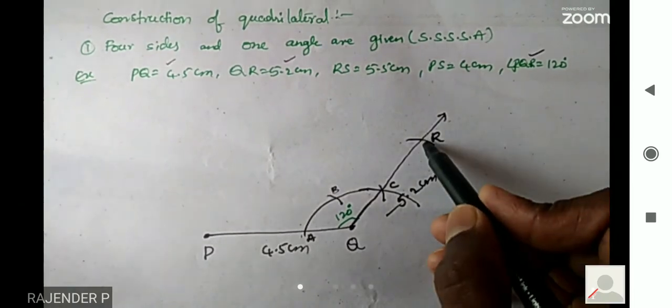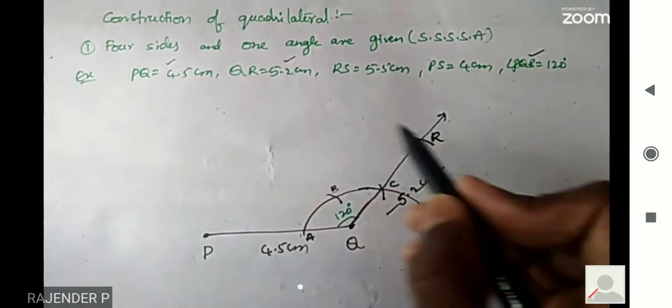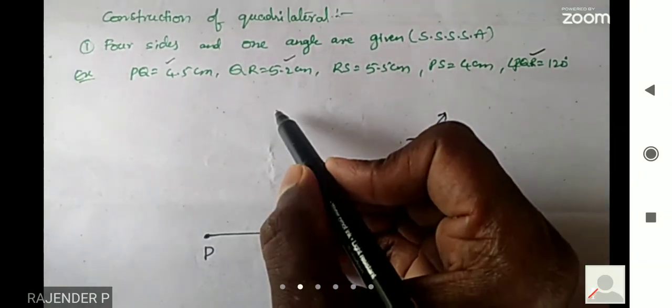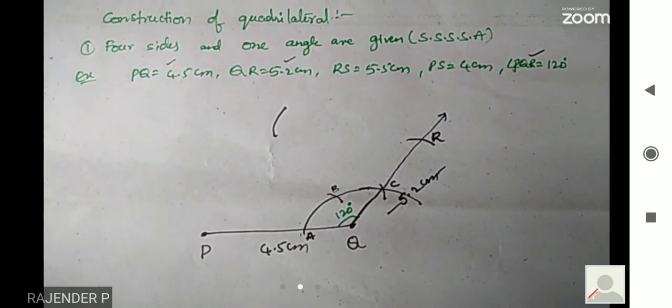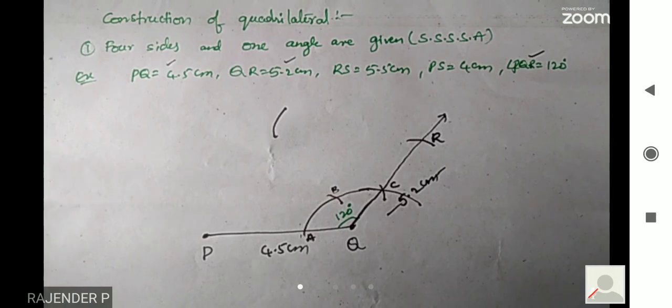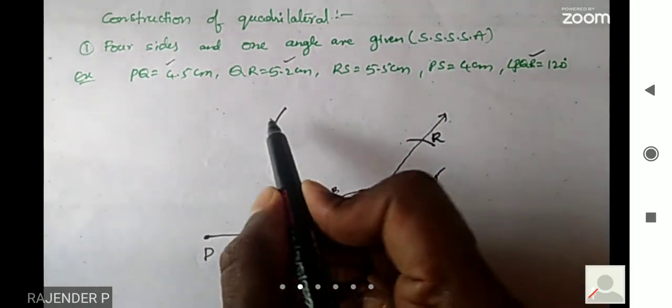So R as center, the distance from R to S is 5.5. That is why R as center, 5.5 centimeters radius. Draw an arc. It means we should take a 5.5 centimeters distance using the compass on the scale, and draw an arc. Next, P as center, PS is 4 centimeters, so 4 centimeters radius.